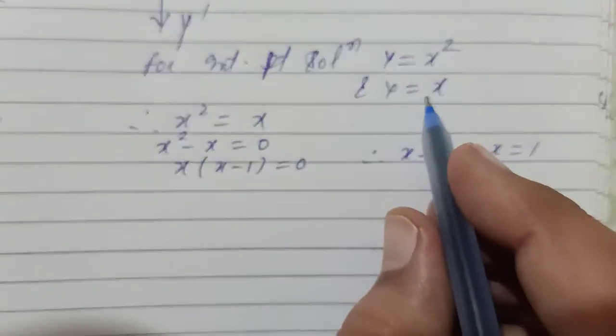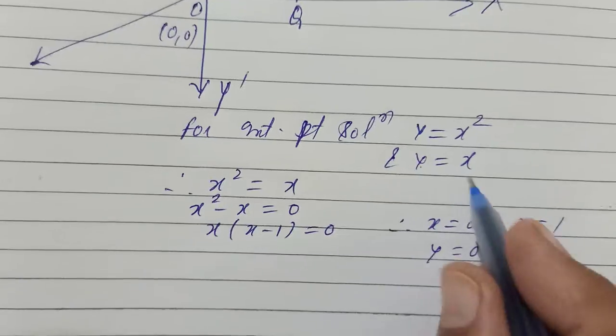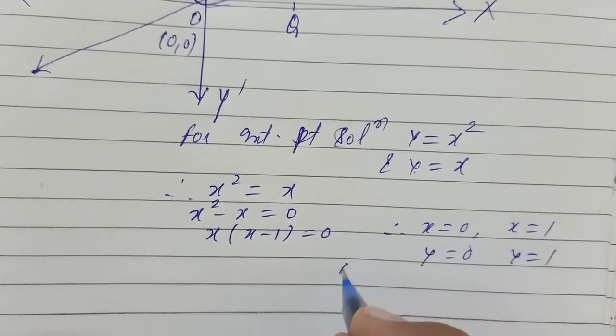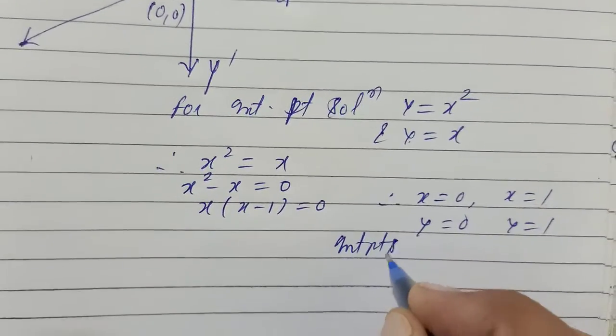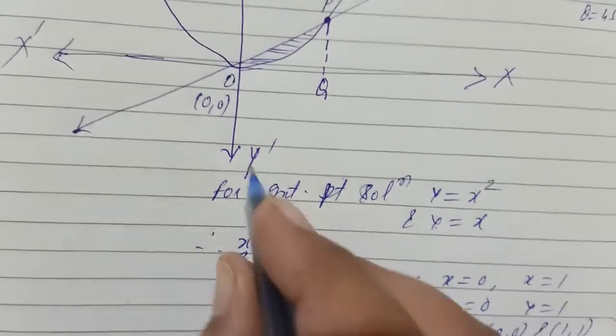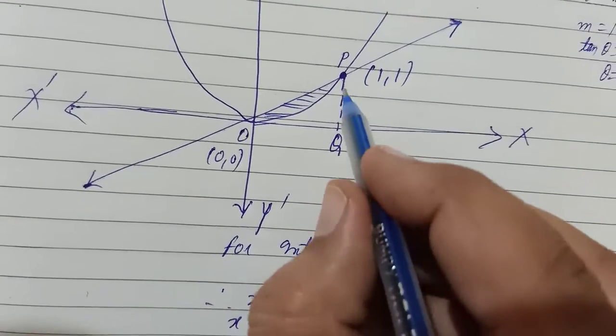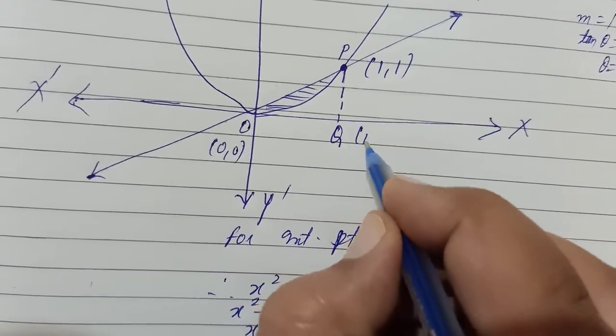When we put x equal to 0 here, y equal to 0; x equal to 1, y equal to 1. So the intersecting points are (0, 0) and (1, 1). So (0, 0) we already have, we can write (1, 1). As soon as you write 1, it means the coordinate of this point would be (1, 0).